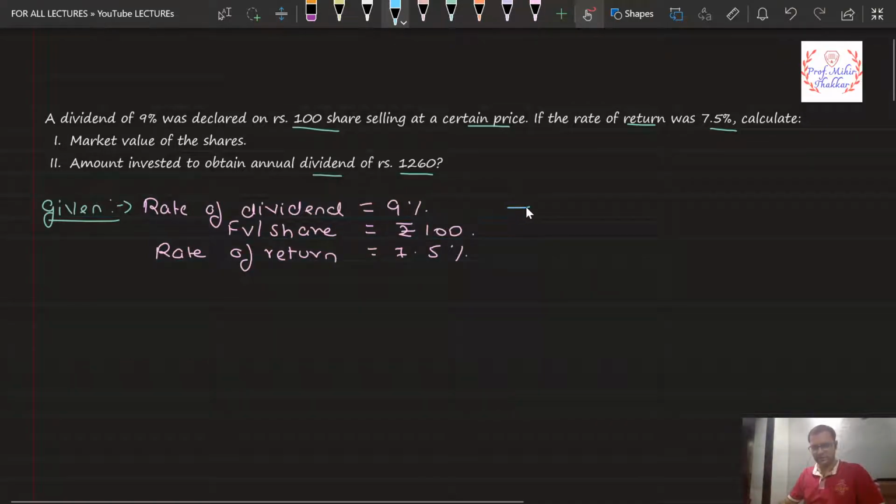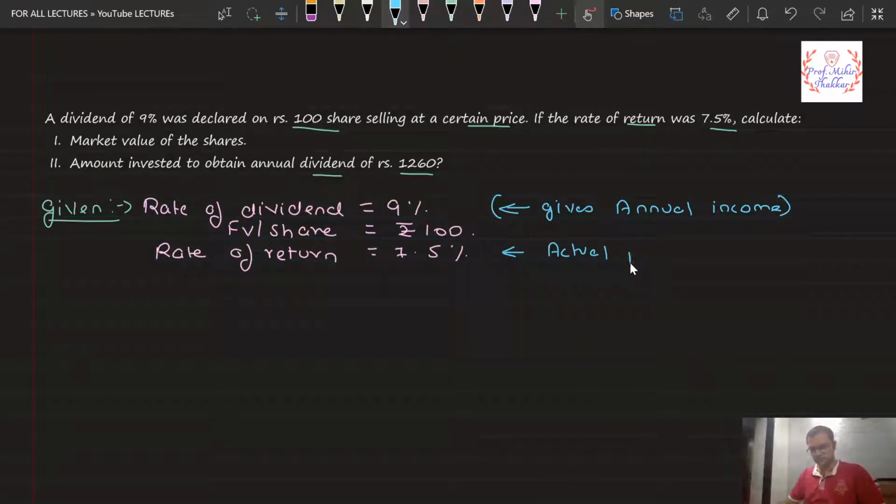The rate of dividend gives the annual income, and the rate of return gives the actual profit percent on the investment. So let us first see the first part, then we'll discuss the second part.